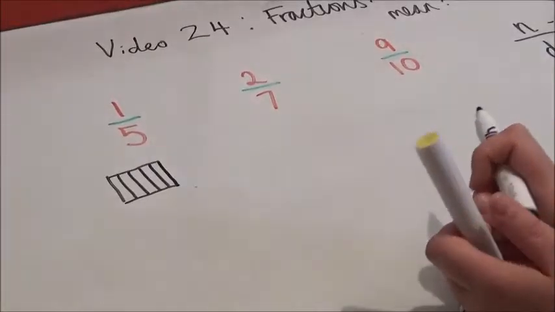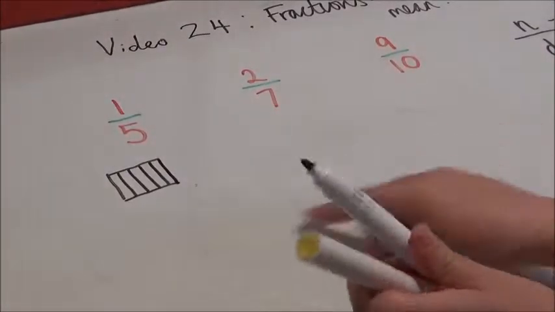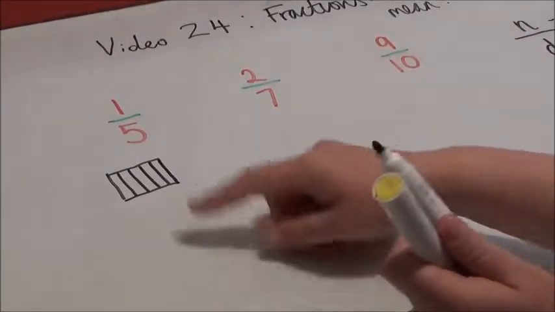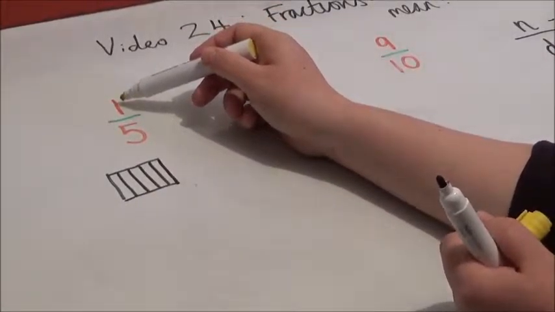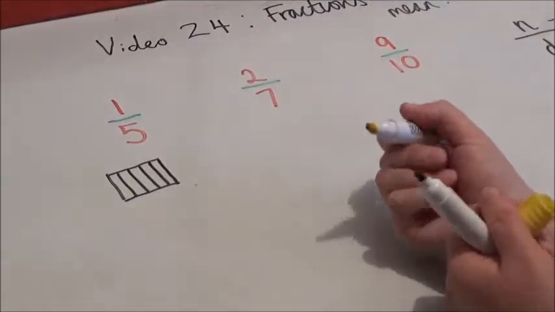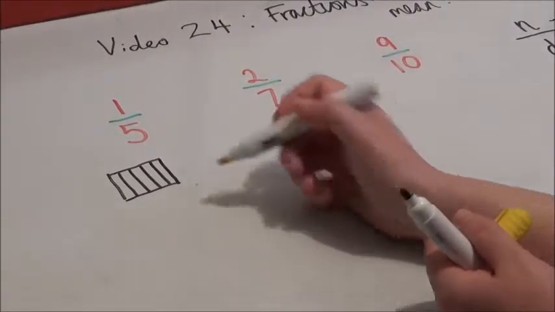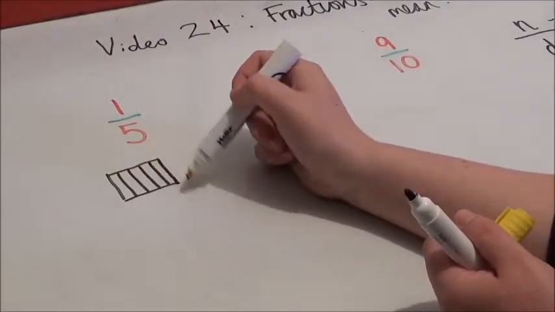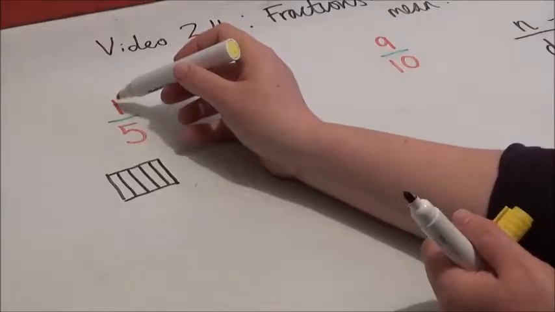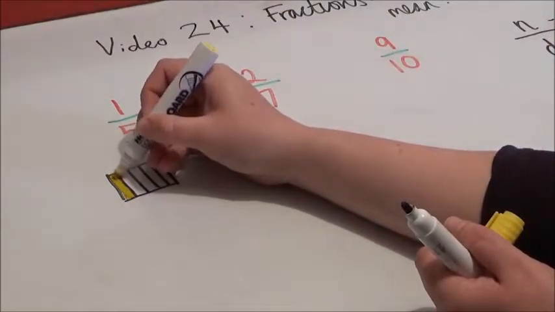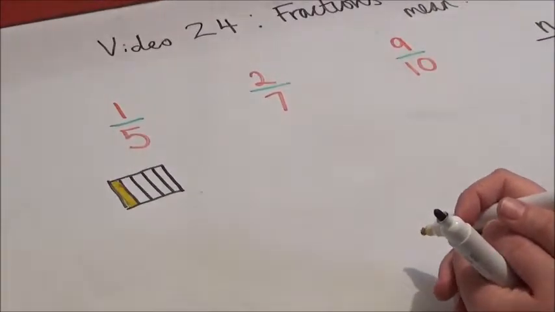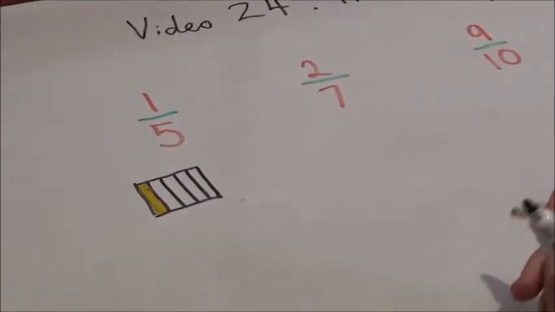So now I've got 5 equal pieces. That's why I don't like doing my circles. I can't rub that out. My numerator tells me how many pieces we're going to be looking at. So that's how many I'm going to colour in today. So I've got 5 pieces that make one whole rectangle, and I'm going to be looking at one little piece of that rectangle. So there as a picture is 1/5.